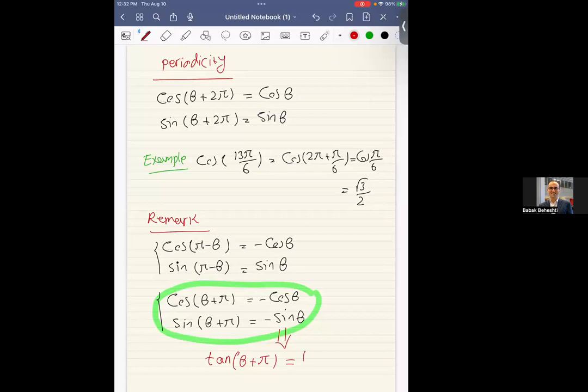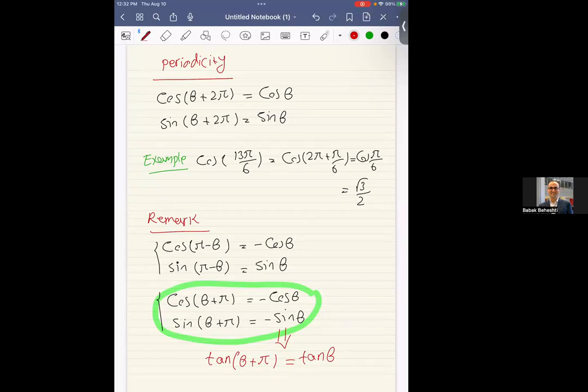Tan of theta. So that means the periodicity of tangent is pi. So tangent of theta plus pi is tangent of theta.